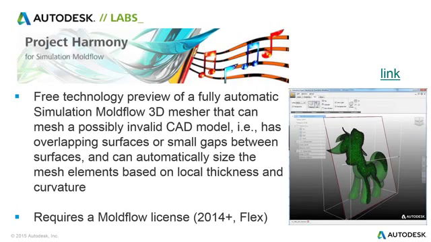Like I said, the focus is primarily on the ability to create an analysis-ready mesh without too much user interaction, and to be able to mesh models that have faults in them and that until now always had problems with creating a mesh. In this particular case, the model has several bodies in it and would not mesh within the standard Moldflow interface, but Project Harmony was able to create a mesh.